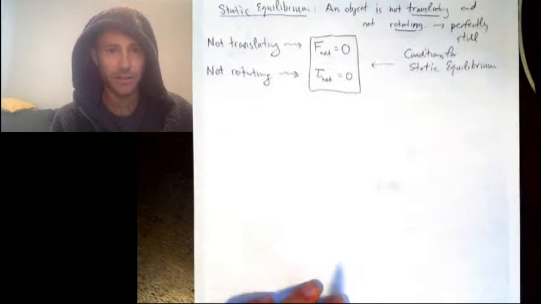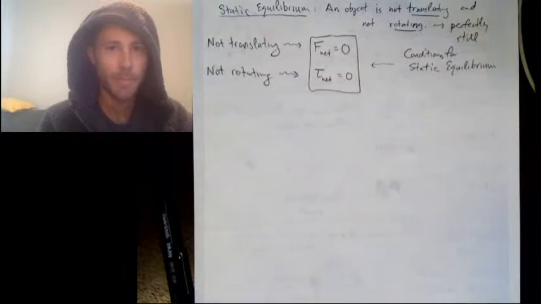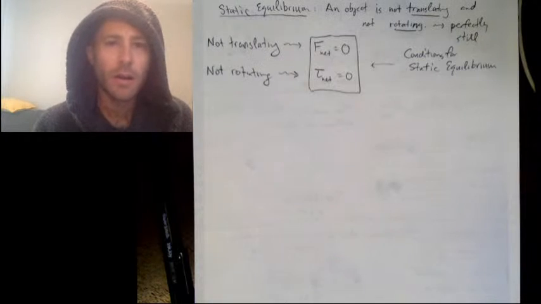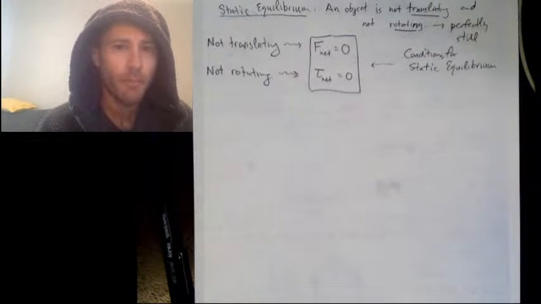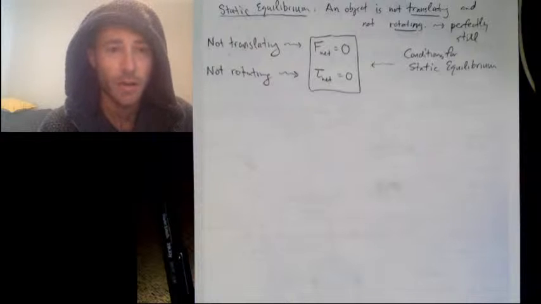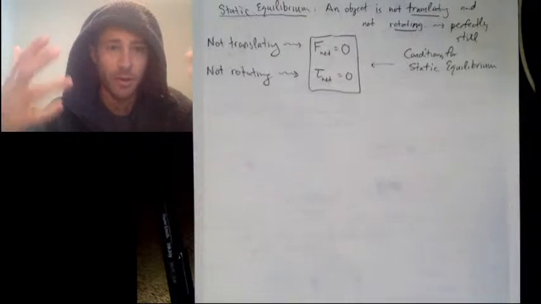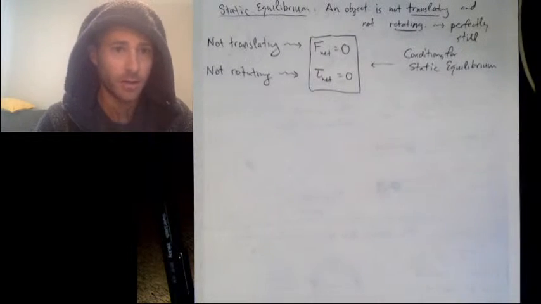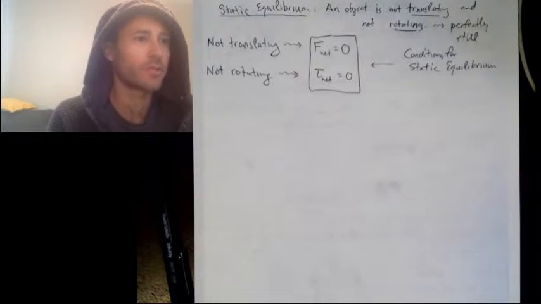And because these are two equations, you end up getting a system of equations when you're solving static equilibrium problems. And I'll show you how that works in just a moment.